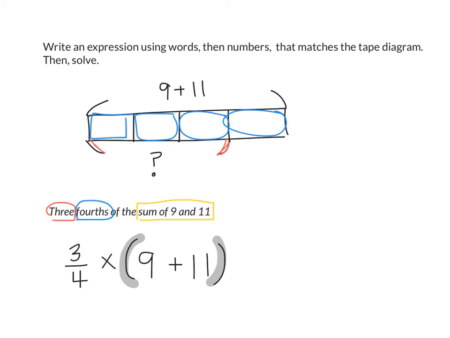Okay, let's go ahead and solve it. What's 9 plus 11? 20. So this is equal to 3/4 times 20, which is the same as 3 times 20 all over 4. Okay? Now, we know that 3 times 20 is 60, and we could do 60 divided by 4. But we can also simplify our work. Do you guys notice how many factors are there in the numerator? 2.